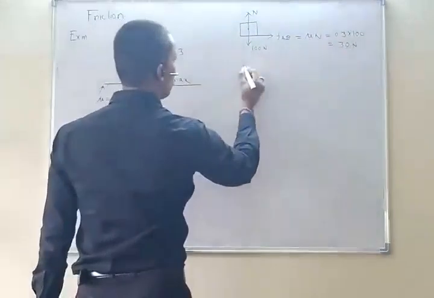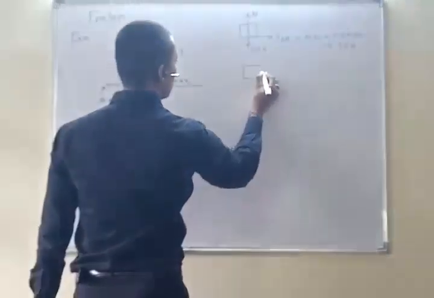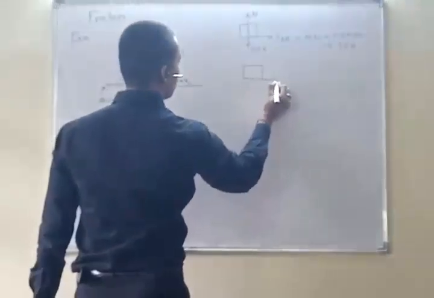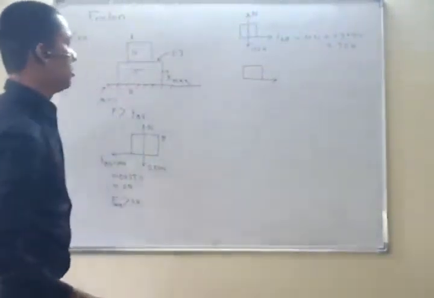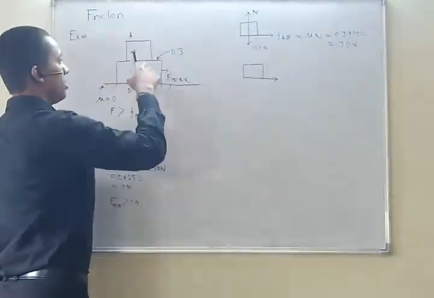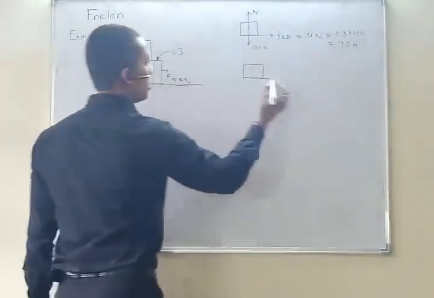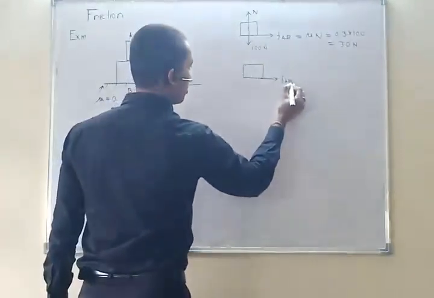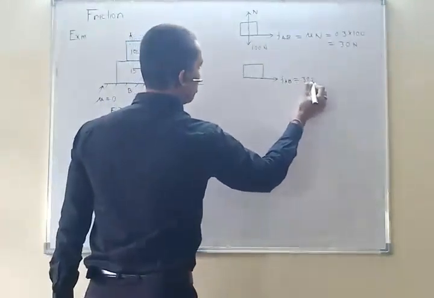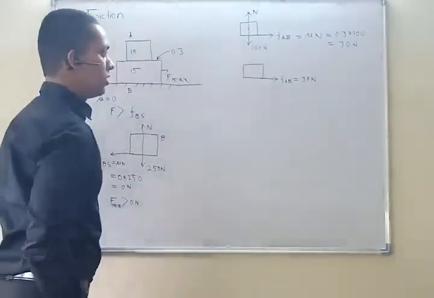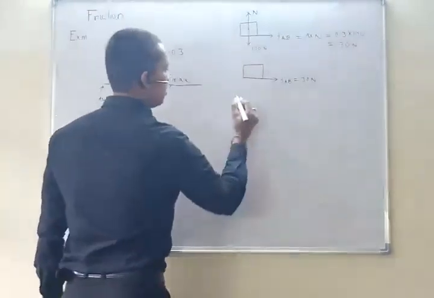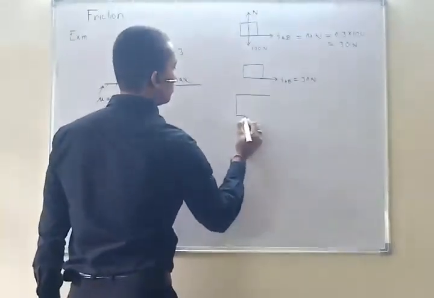So now in this case, the maximum force that can be given on A by B, F_AB, is equal to 30 Newton. This is the case of maximum. In this case, we can take the opposite direction.